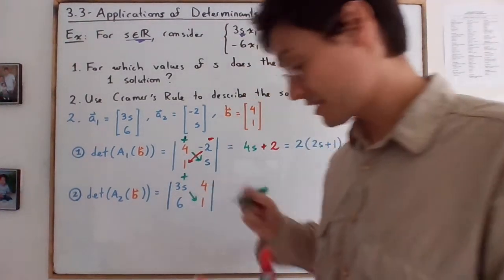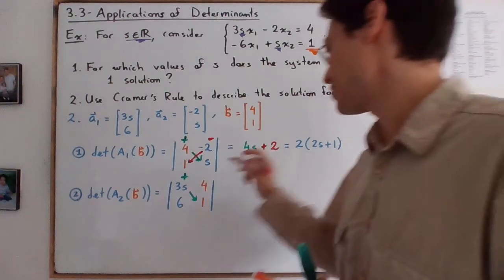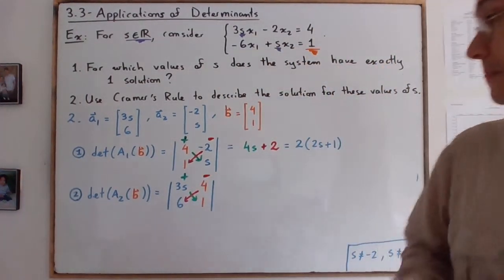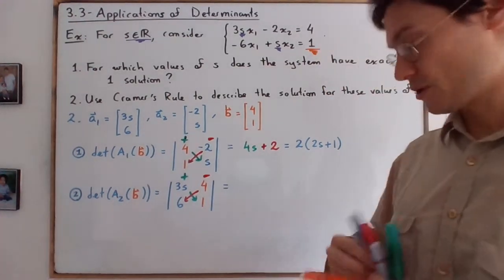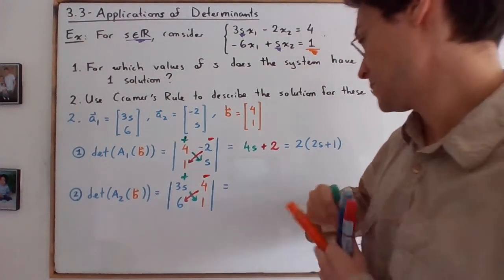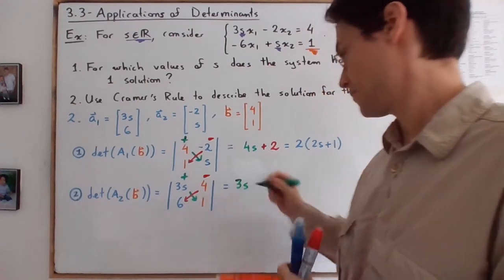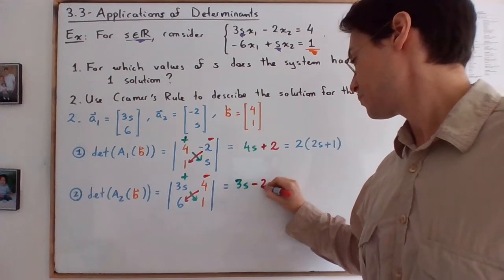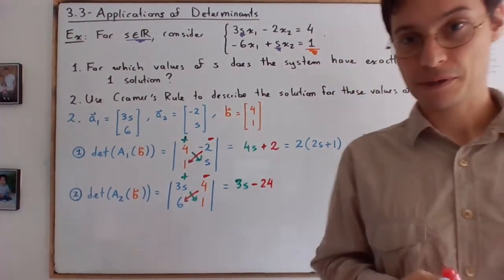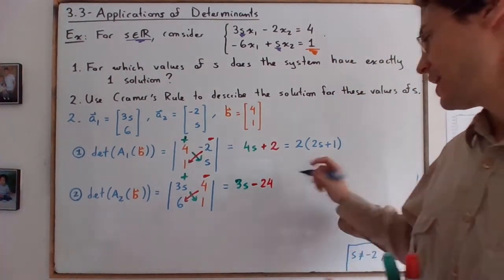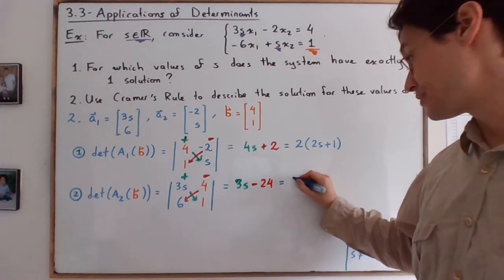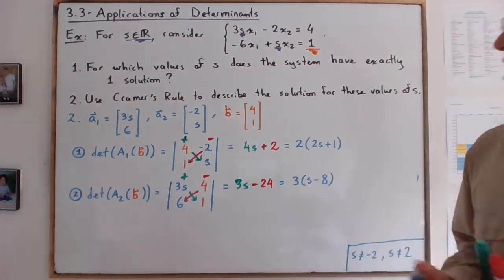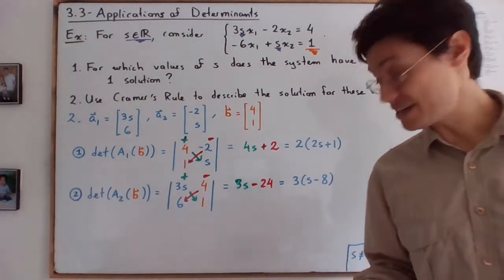Same method of calculation, just 2 by 2 determinants. We end up with 3s minus 24. Again, let's factor the 3 out for convenience. We get 3 times (s minus 8).